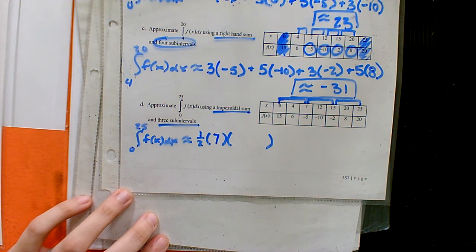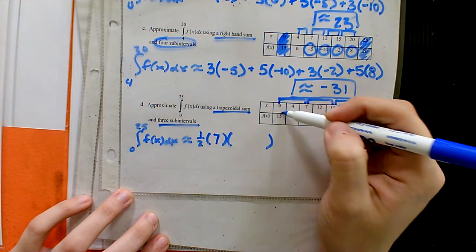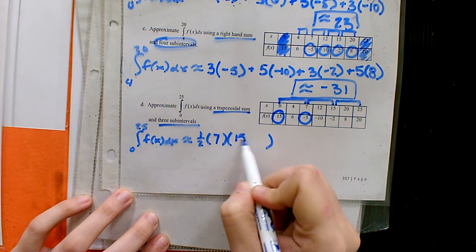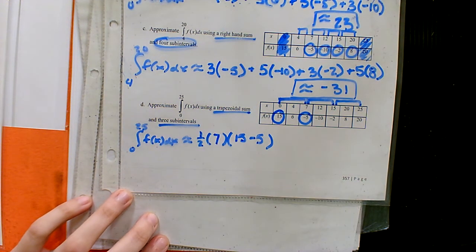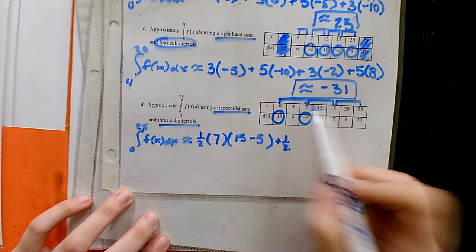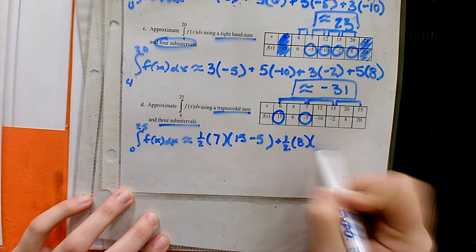Where are we going to get the bases from? The heights on the ends. Yep, so 15 and -5. Okay, so there's our area for the first trapezoid. Let's go ahead and add the next one. So the next trapezoid goes from 7 to 15. That's a height of 8.